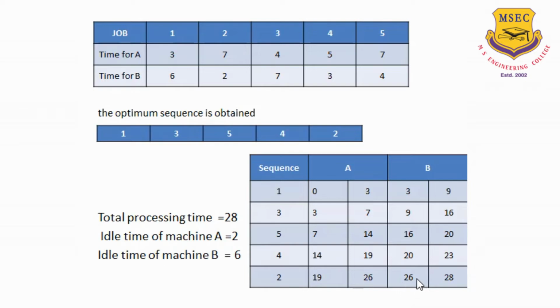So it has to wait up to 26. So 26 plus the time taken for job 2 on machine B, which is 2, will be equal to 28.